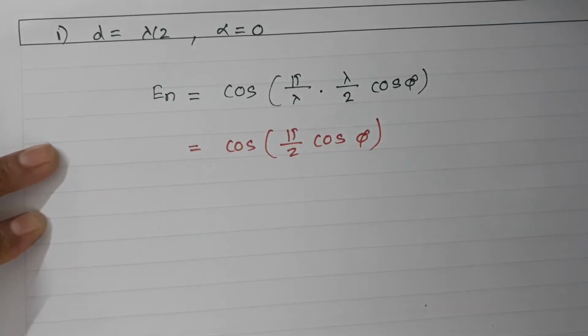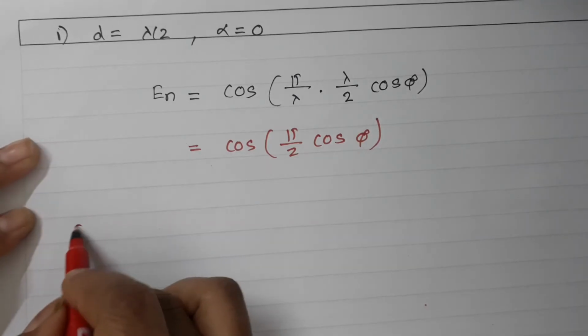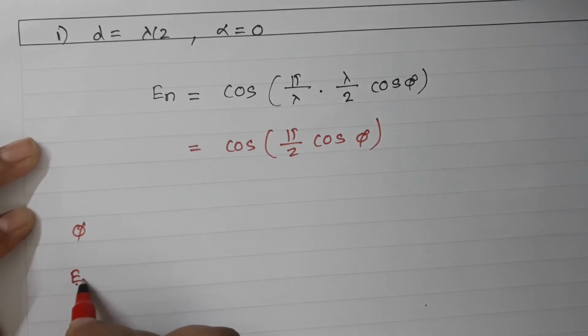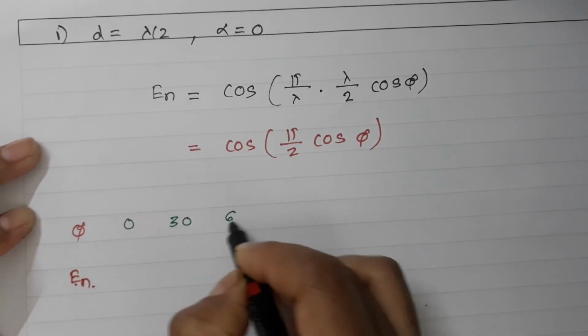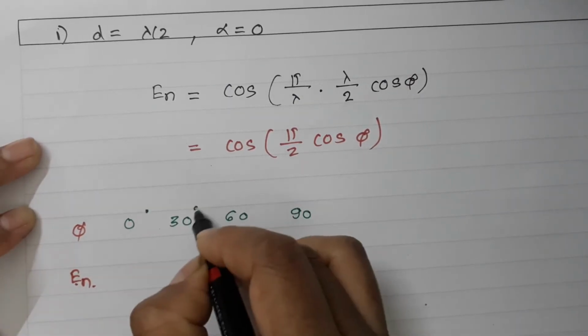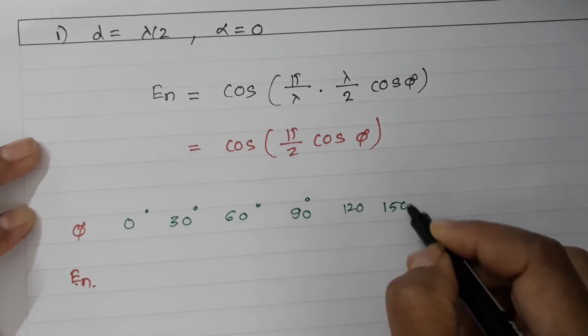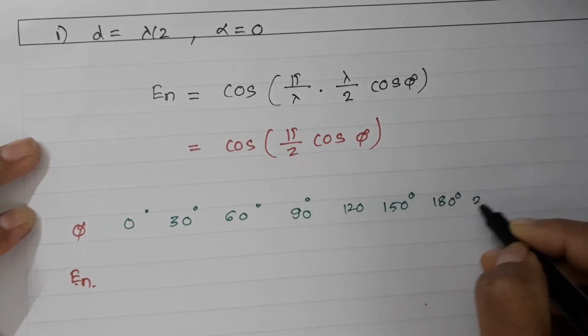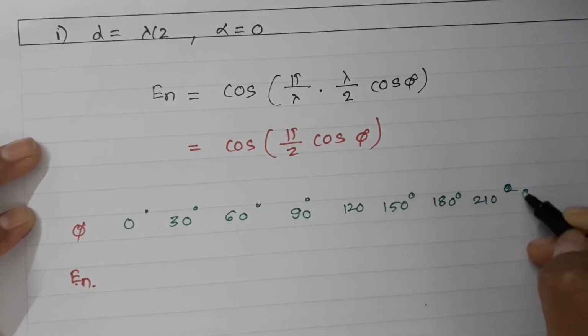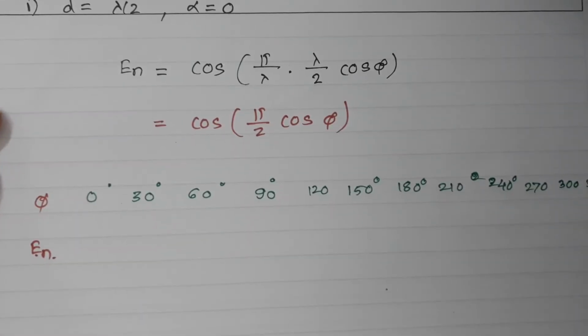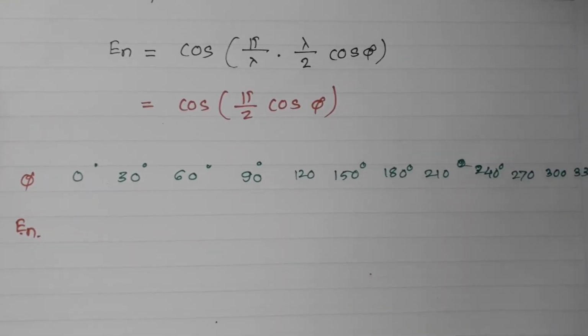Here I'll put different values of φ and calculate the normalized field: 0 degree, 30, 60, 90, 120, 150, 180, 210, 240, 270, 300 and 330 degrees. Like this I can plot what kind of pattern I'll get over here.